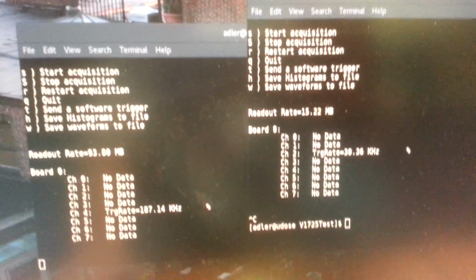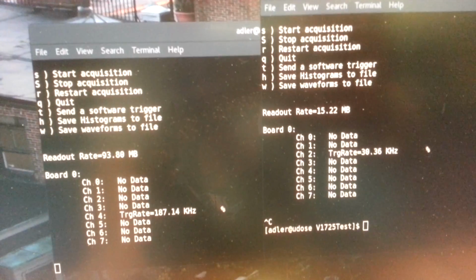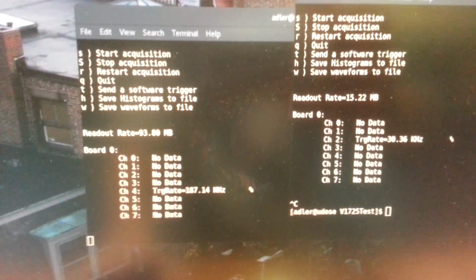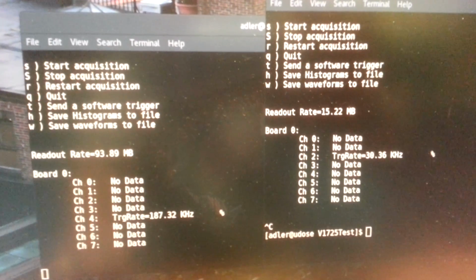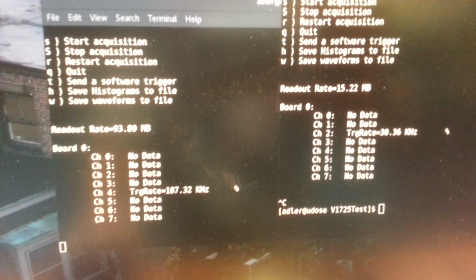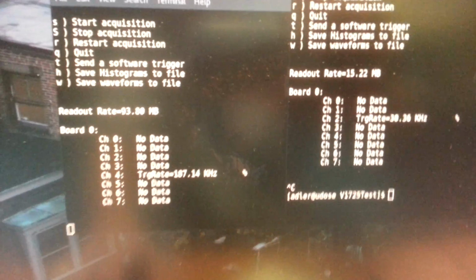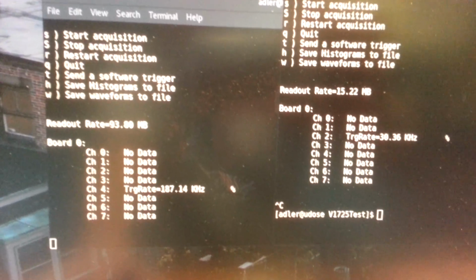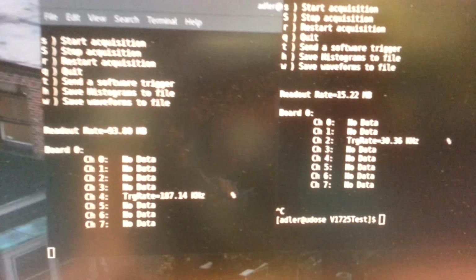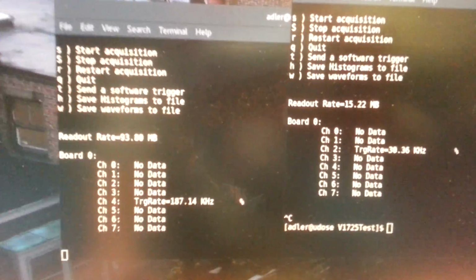We still have the timeout error, but the throughput is questionable. It doesn't look to me like I'm getting the full bandwidth on both optical links, and that's of concern. All right, well, thank you very much.